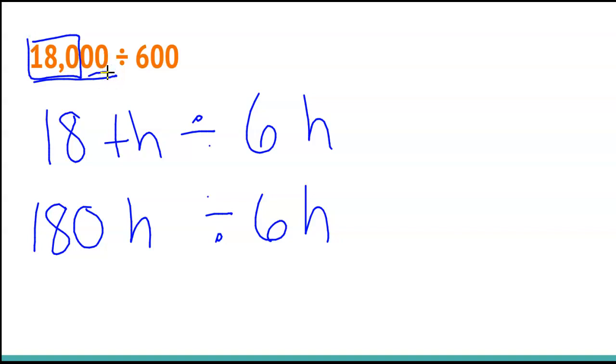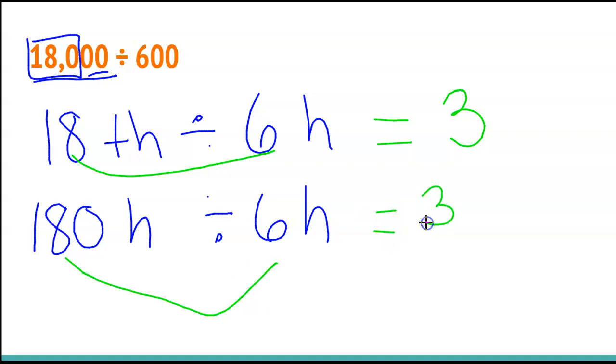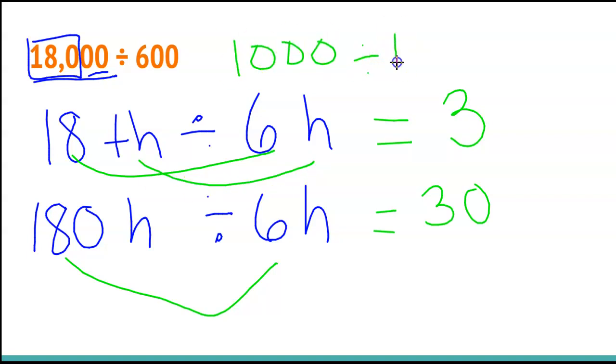Okay, 18 divided by 6, let's do this in a slightly different color. I have 18 divided by 6, that's going to give me 3. 180 divided by 6, I know that's going to give me 30, because I have 18 divided by 6 and I have that 0. Thousands divided by 100: if I have 1,000 divided by 100, I can think about how many hundreds are in 1,000? 10.